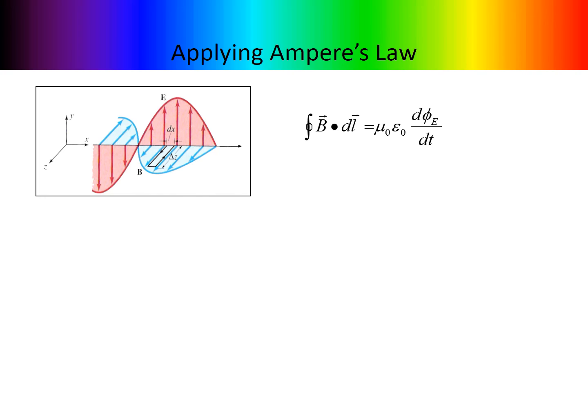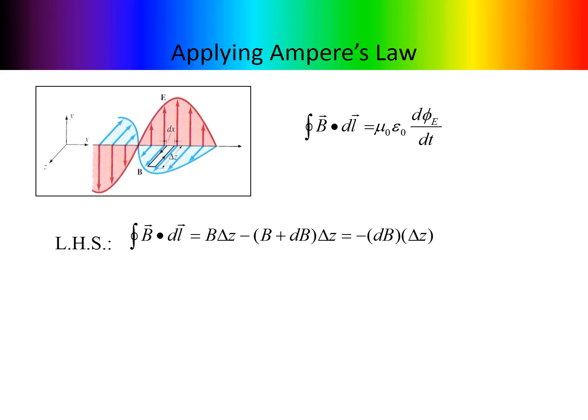Applying B dot dl, we're going to do the same thing. Take the left-hand side first. The left-hand side gives us B dot dl, and we did it pretty much the same way we did Faraday's law.